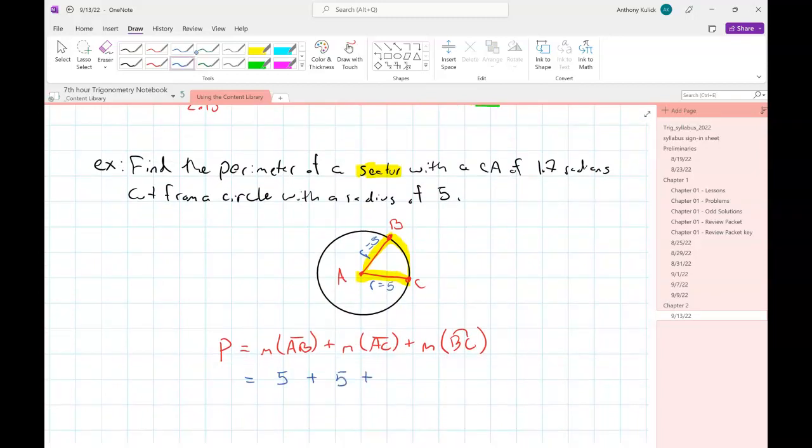And then how am I going to calculate BC? BC is an arc length, so I should use my arc length formula.